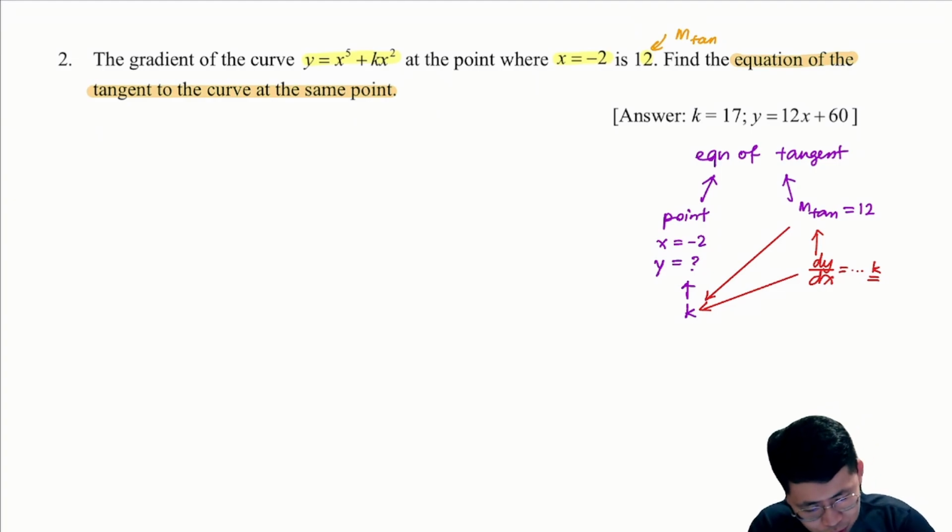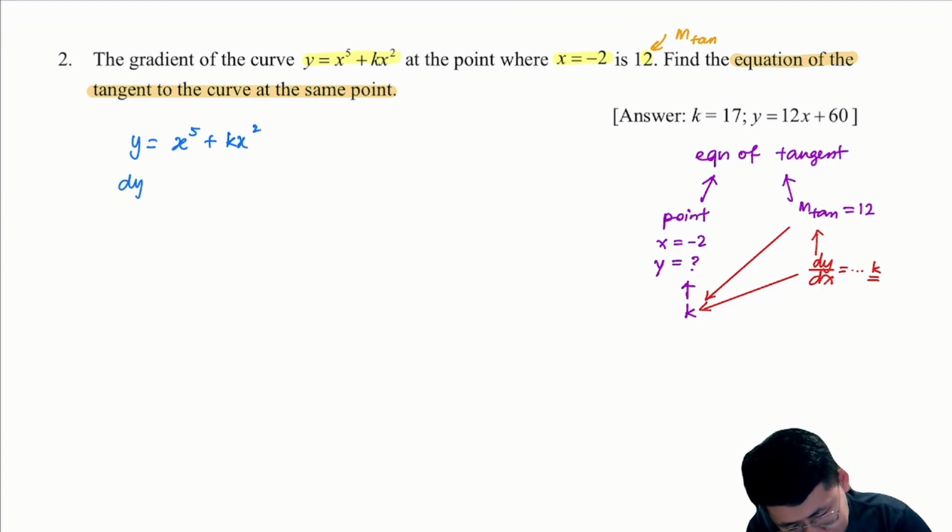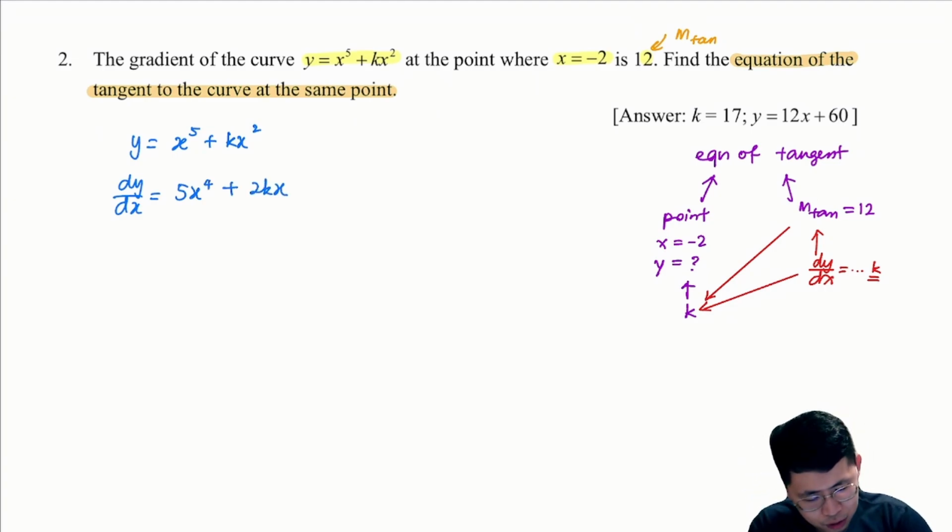First, y equals to x power 5 plus kx squared. So when we differentiate, dy dx will give us 5x power 4 plus 2kx power 1. Okay, so we've done differentiation. Next, the gradient of tangent is 12, already done, but we can link this to k.